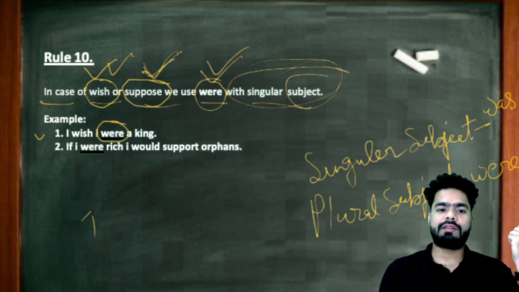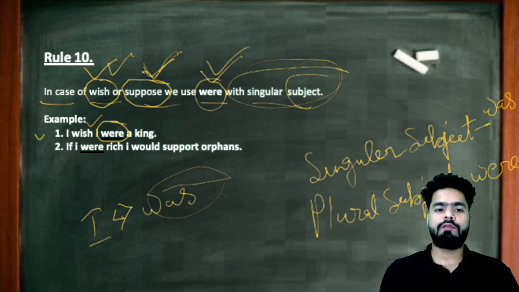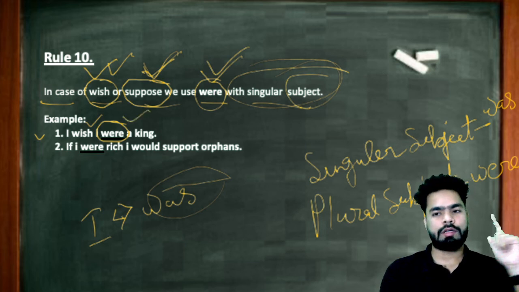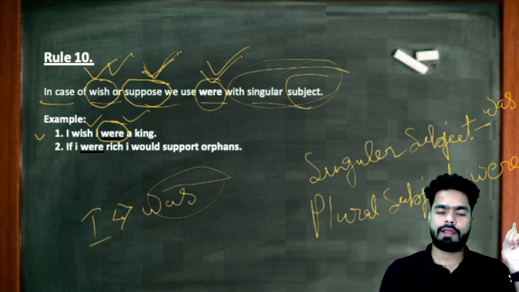I is a singular subject and we use was with I, but because we are wishing, we will use were, not was. I wish I was a king? No, I wish I were a king. Clear? Because we are wishing, and this is rule number 10 of subject verb agreement.